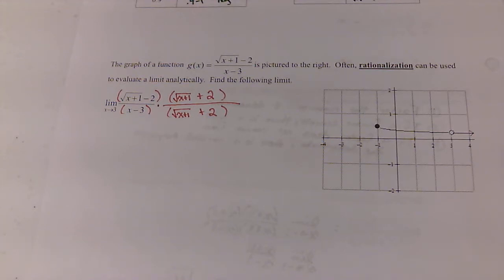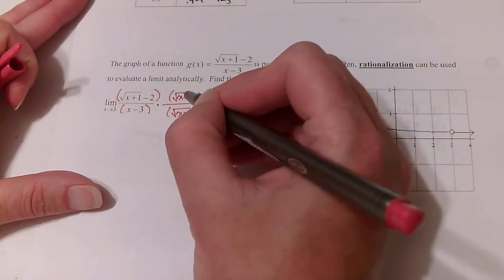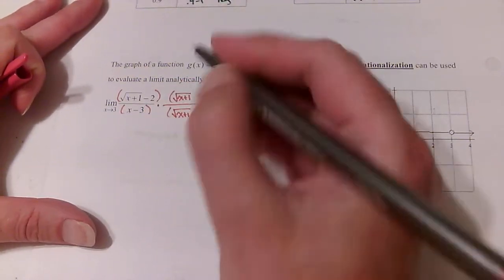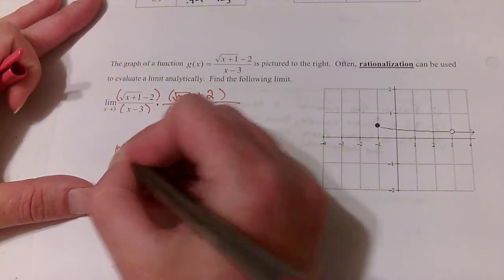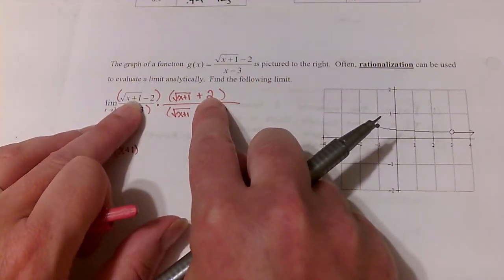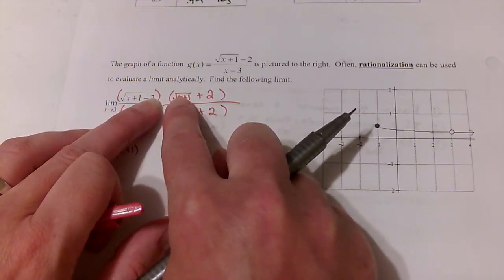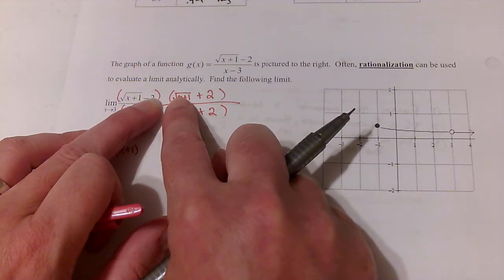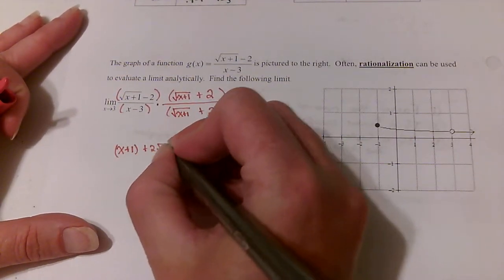Let's see what happens next. So we multiply. Square root of x plus 1 times the square root of x plus 1 is just going to give me an x plus 1. 2 square root of x plus 1 and a negative 2 square root of x plus 1 is going to go away, but I'll go ahead and write them so you can see it.